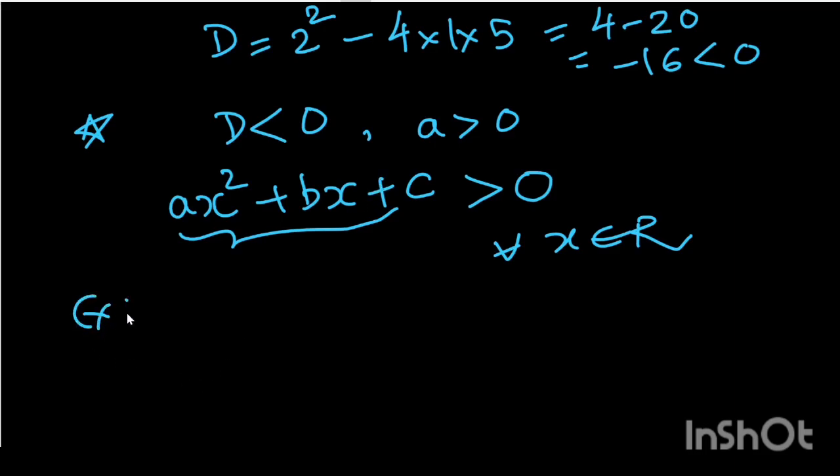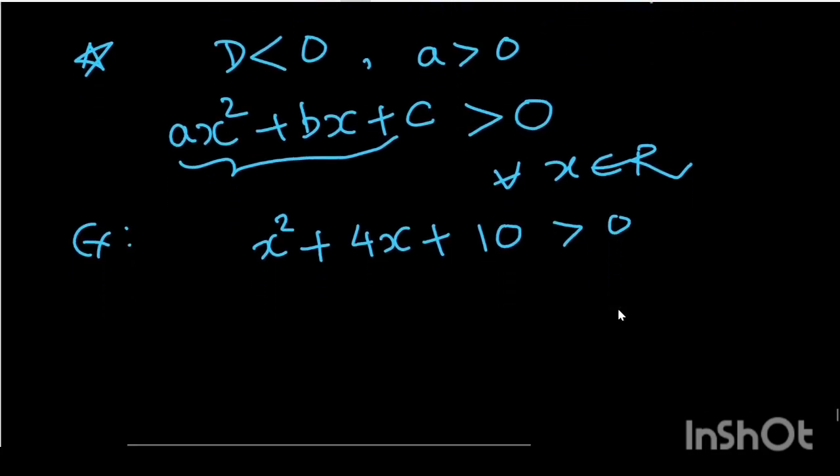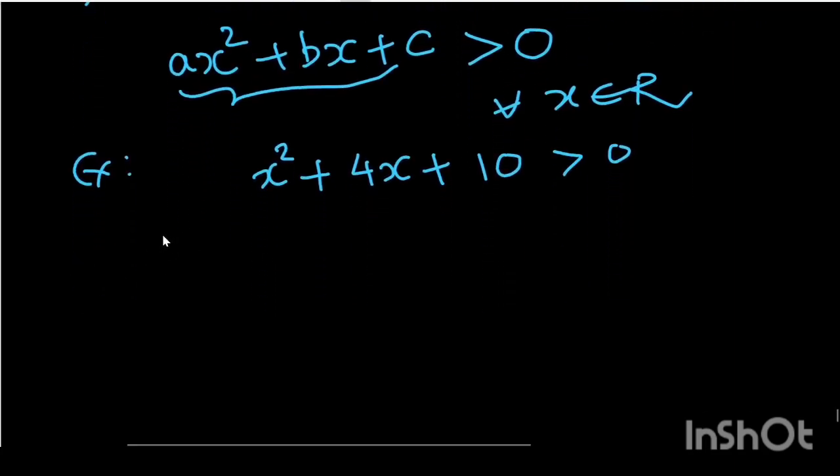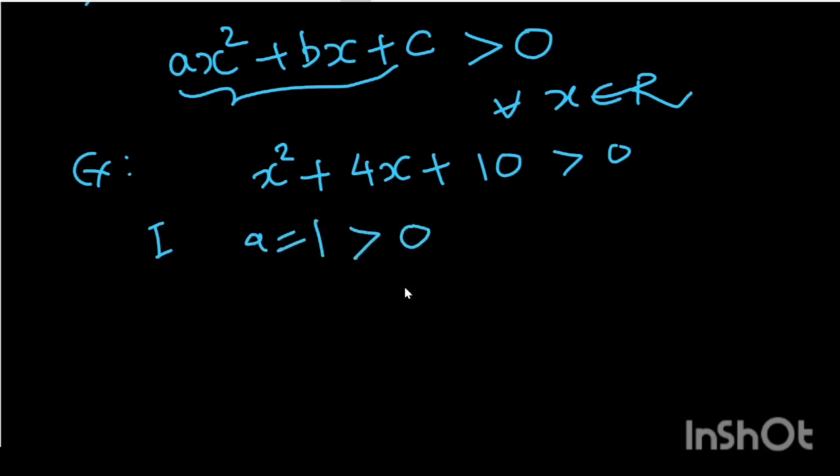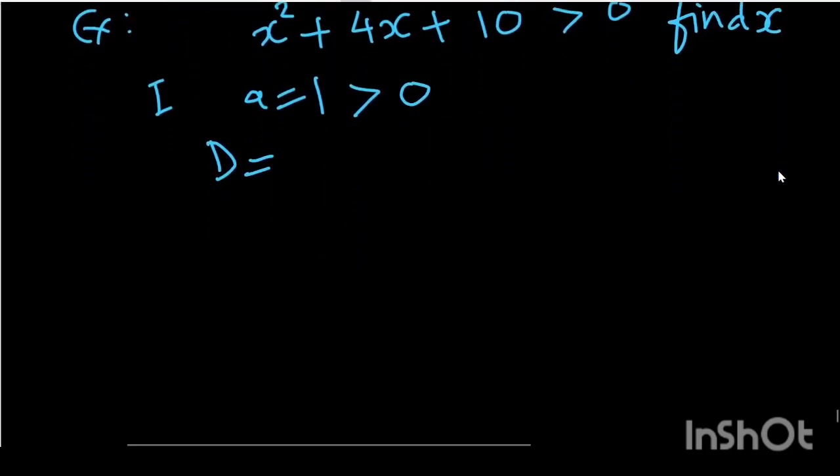So let's take one more example. x square plus 4x plus 10 greater than 0. As you can see here, the coefficient of x square is positive, which is 1. Now if you check the discriminant, b square minus 4ac, a is 1, b is 4 and c is 10.